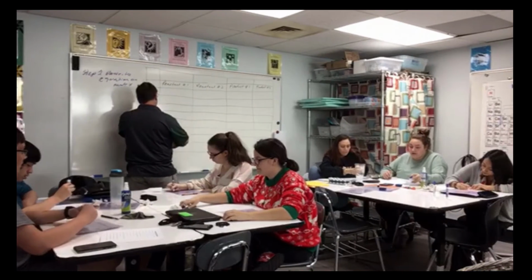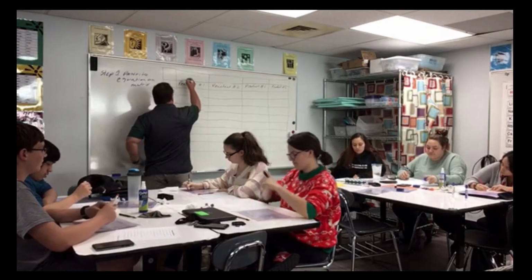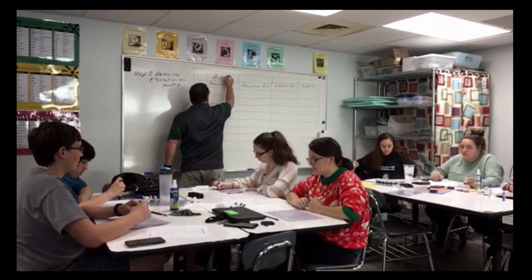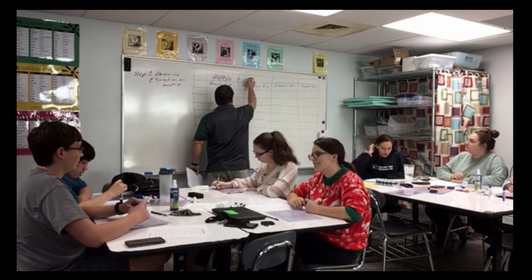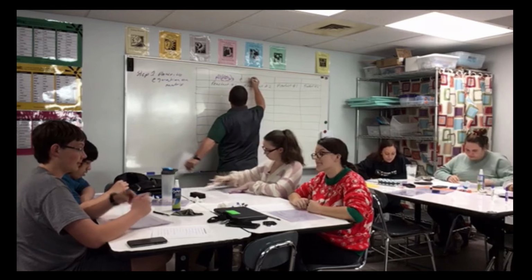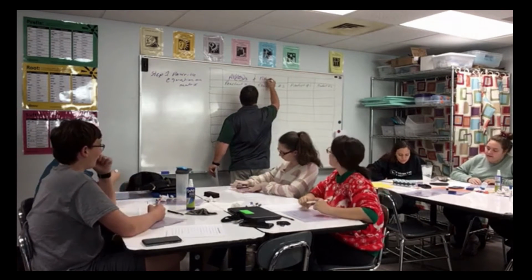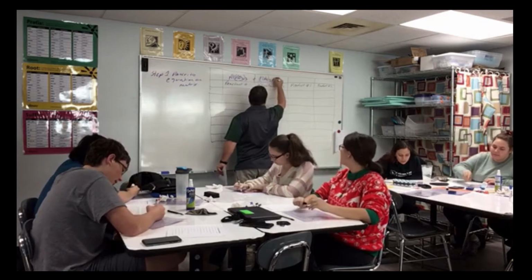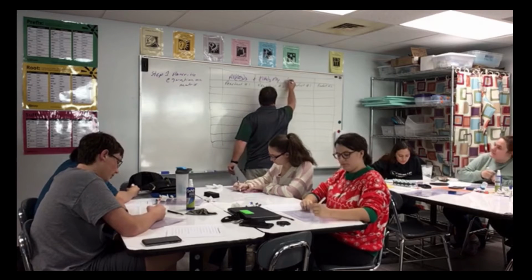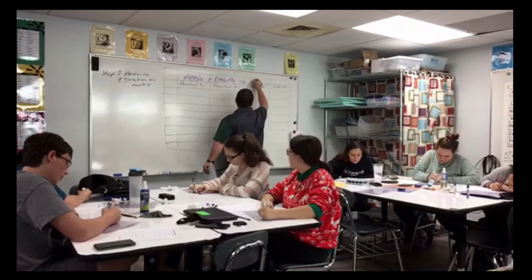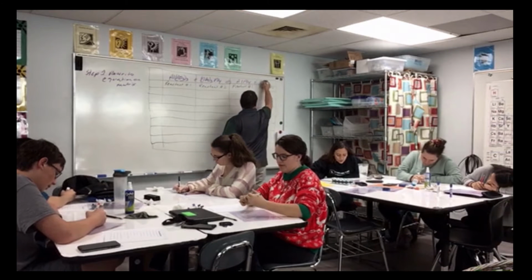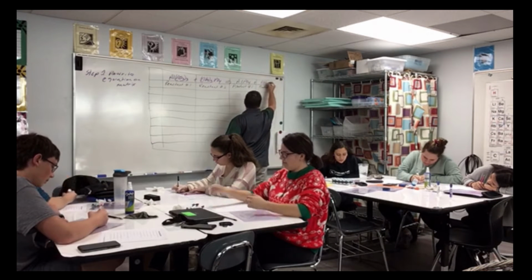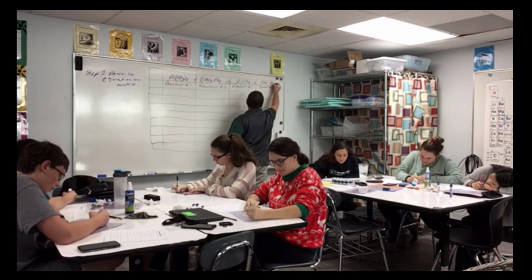So, our first problem is aluminum nitrate reacts with ammonium phosphate to produce aluminum phosphate and ammonium nitrate.